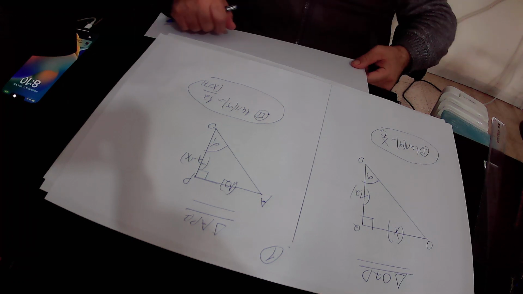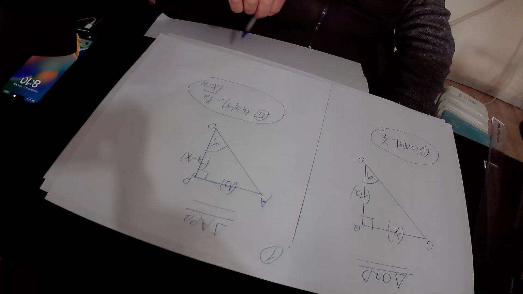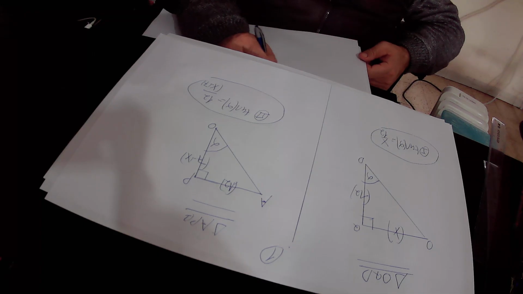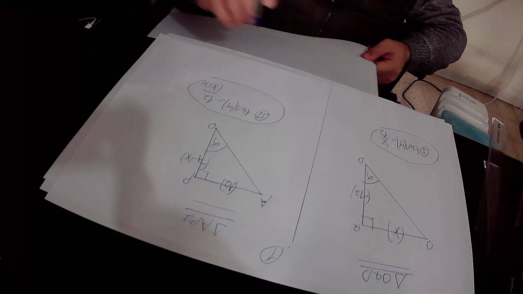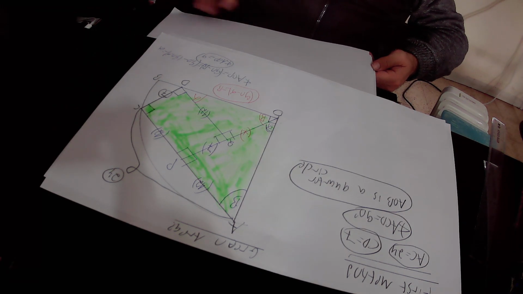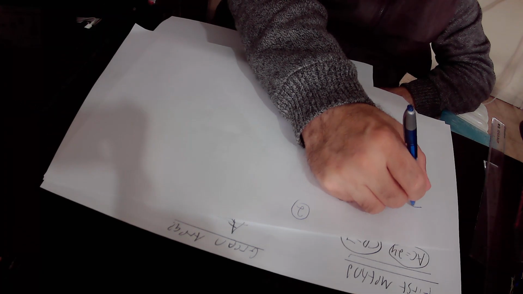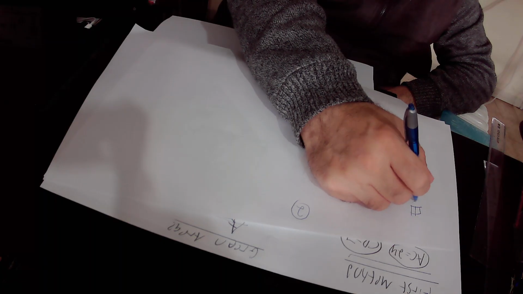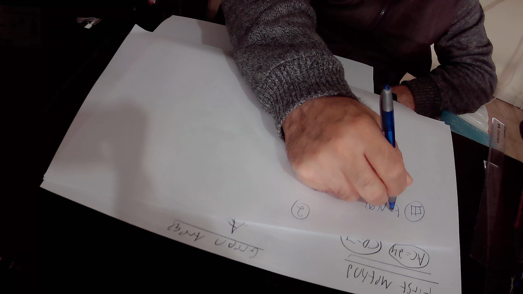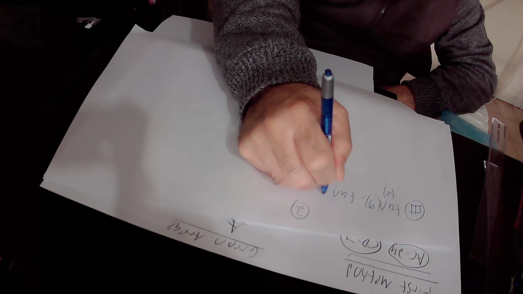In the next step, we'll create equation number 3. Equation number 3 states that tangent alpha according to equation number 1 must be equal to tangent alpha according to equation number 2.